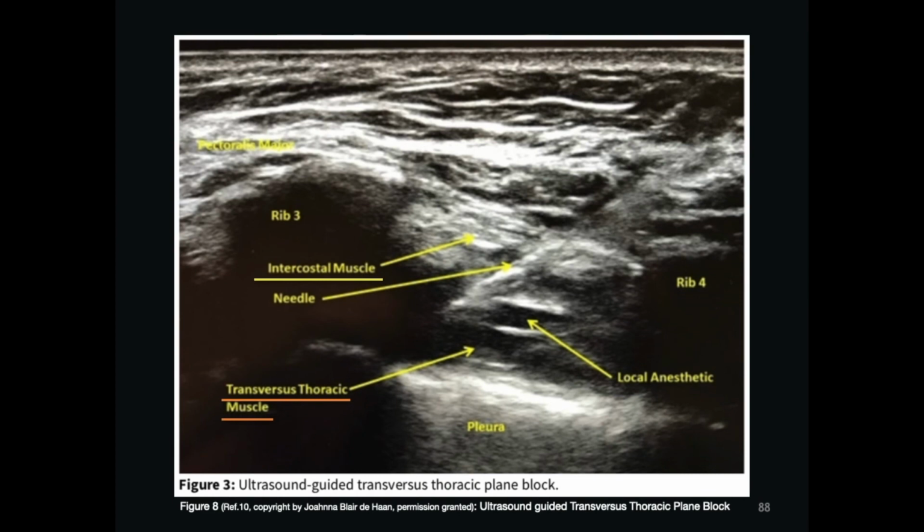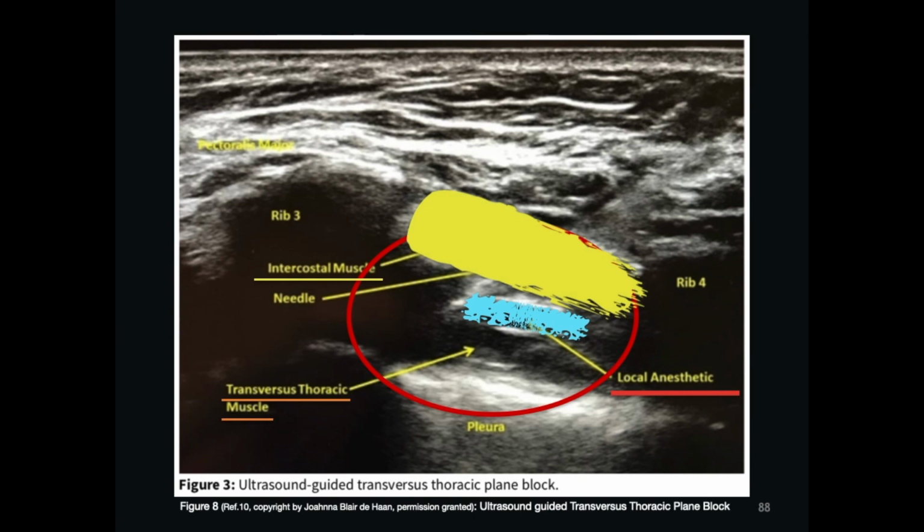For the same cross-section, this ultrasound real image shows the injection of local anesthetic into the transversus thoracic plane, with a spread of local anesthetic between the internal intercostal muscle and the transversus thoracic muscle.